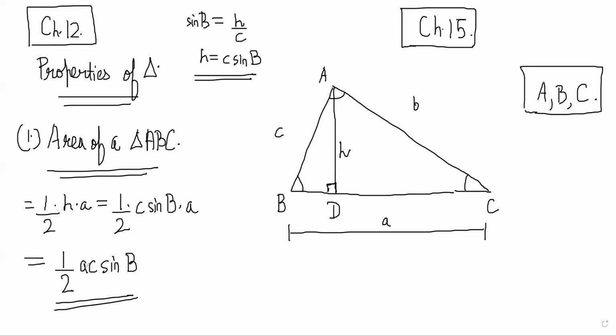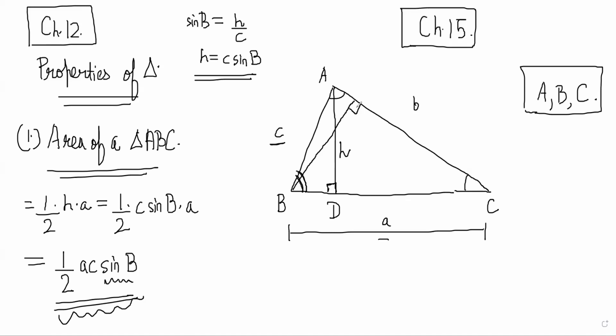This is the area of a triangle. Notice how the formula is structured. Two sides are there, c and a, and the angle between them, angle B, the included angle, that sine you have to take. You could find the same area in a different way also, dropping a perpendicular on the side b.